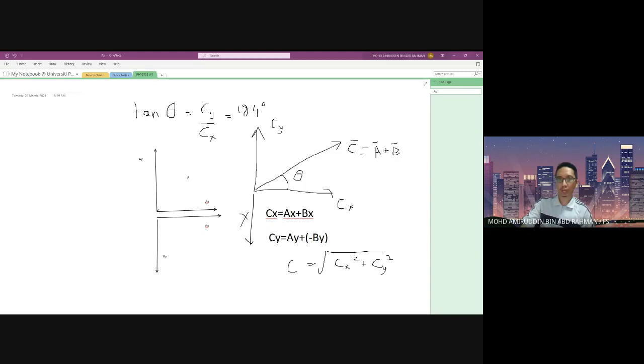So you get 4 something, minus 4 something for the Y component. Then after that, you find the angle.